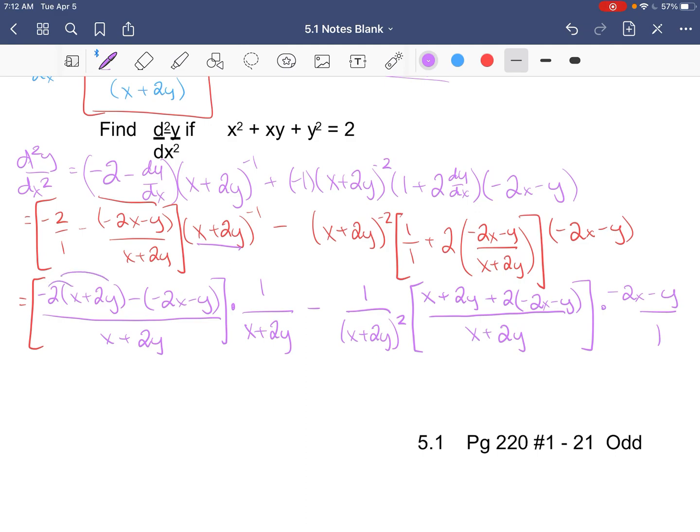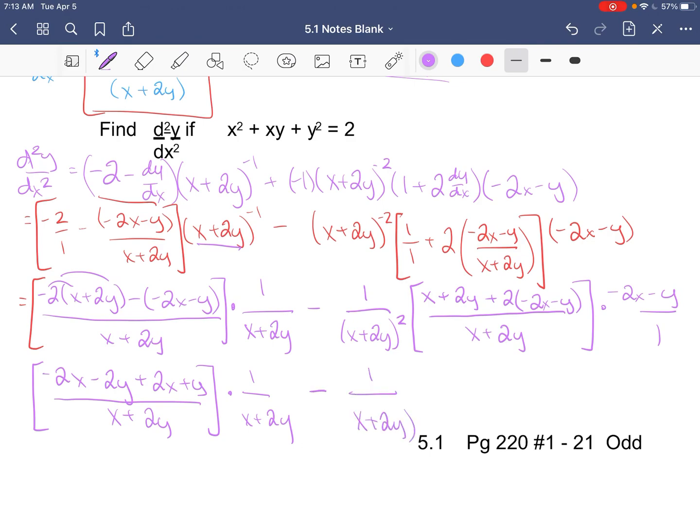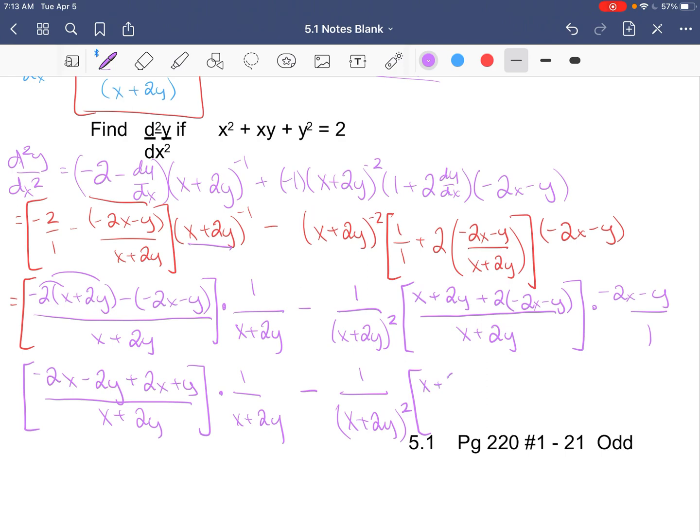Again, simplifying in our square brackets, minus 1 over x plus 2y squared, times x plus 2y minus 4x minus 2y all over x plus 2y, times negative 2x minus y.